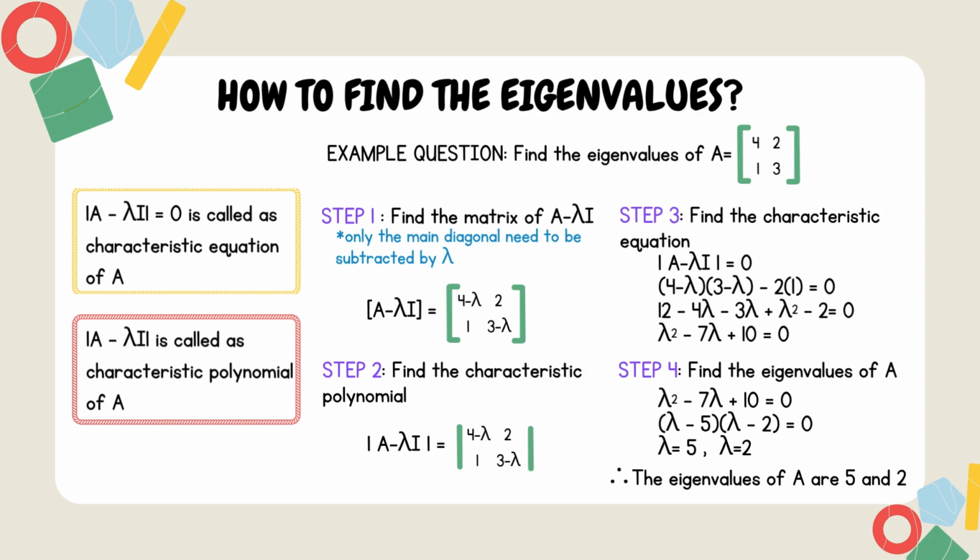Lastly, for step 4, find the eigenvalues of A. We need to factorize the equation. Lambda squared minus 7 lambda plus 10 is equal to 0, and we get 5 and 2 as the eigenvalues of A.